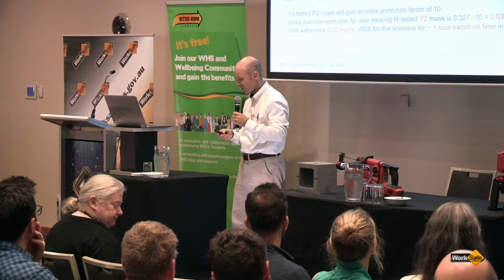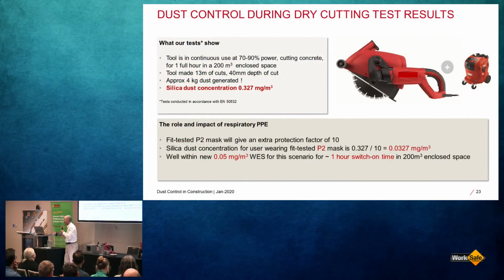So to the user, if you're wearing a P2 mask, you could be going, in this example, from 0.3 to 0.03 in a 1-hour continuous cutting operation. But what it also tells us with this kind of data is that you've really got to watch out for the people in the environment walking around, people who are near those cutting concrete, working on concrete. So that's another developing story that we need to be careful of when assessing workplaces.